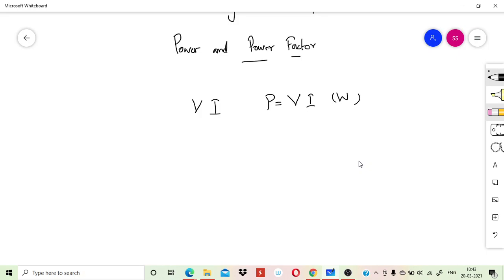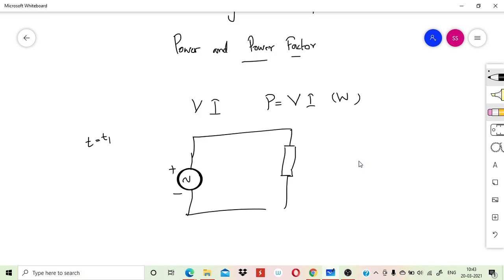Now consider a simple AC circuit like this. This symbol is nothing but your AC waveform, at one instant of time, let us say t equal to t1. This is the polarity of our sinusoidal waveform, and it is connected to a load.